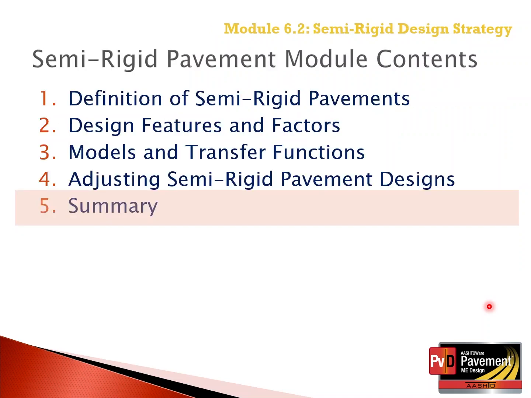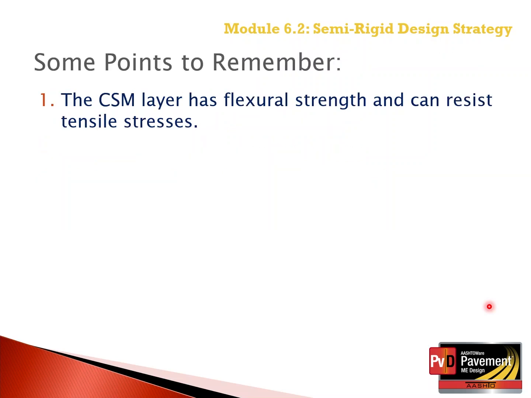So now let's move to a summary of this module, what was covered in this module. On the summary, we're going to start with some points to remember that we discussed earlier in this module. The first is the chemically stabilized layer has flexural strength and can resist stresses.